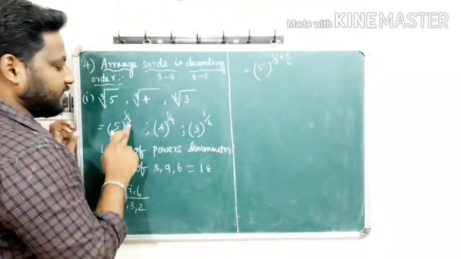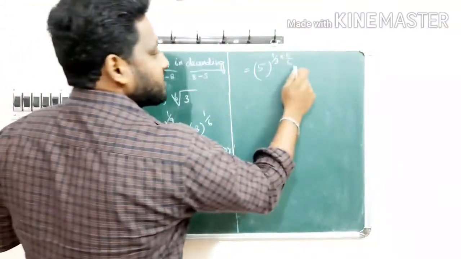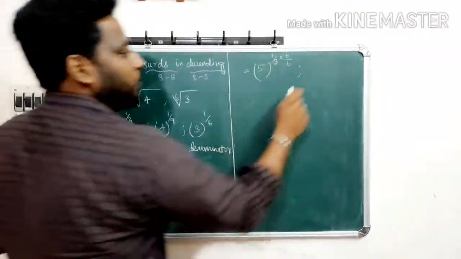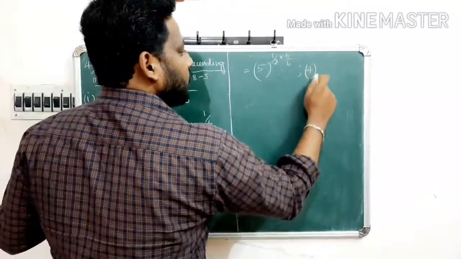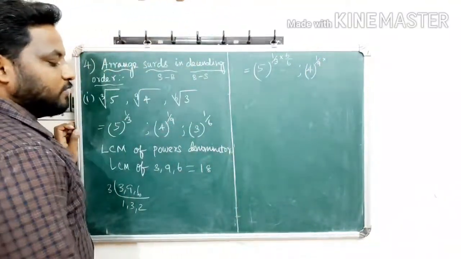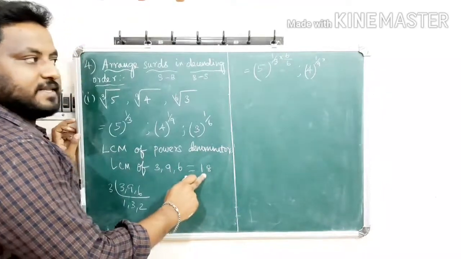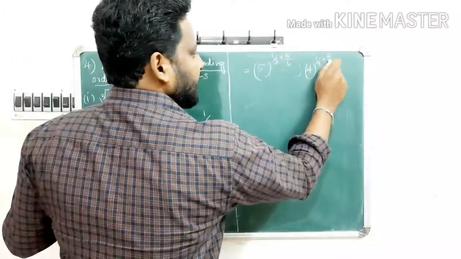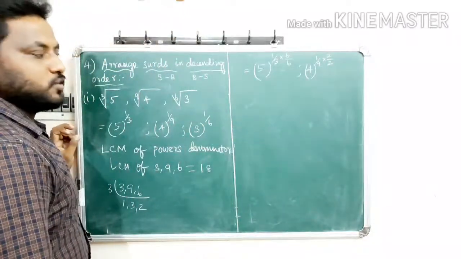The next number is 4 power 1 by 9. What do we multiply with 9 to get 18? 2. So we multiply by 2 by 2.